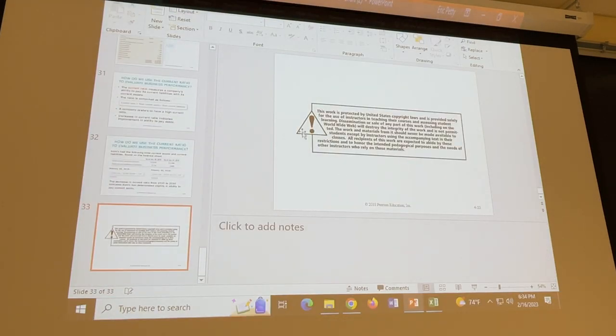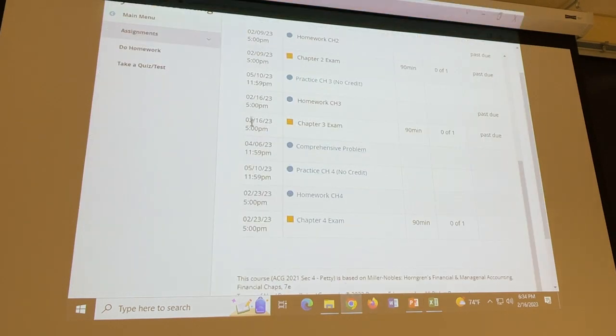Okay, before I go to the practice problems, there are two things I want to point out to you in my accounting lab. One is the comprehensive problem. The comprehensive problem is now available to you because it's based entirely on the first four chapters of the book.